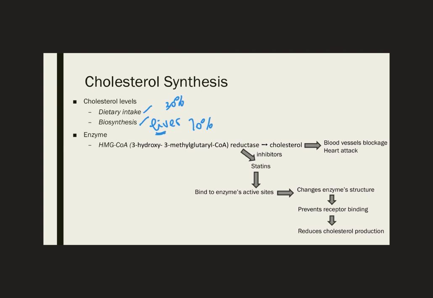And one of these enzymes is HMG-CoA reductase, that when active produces a lot of cholesterol in certain conditions, much beyond the natural needs of the body. And the bad part of it is that the excess cholesterol has been shown to cause several health conditions, including blockage of blood vessels and heart attack.